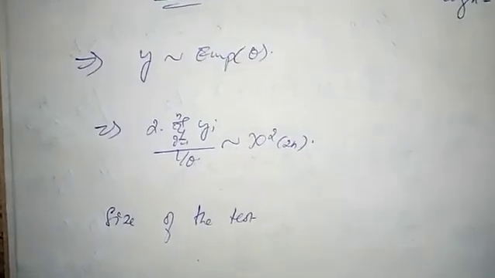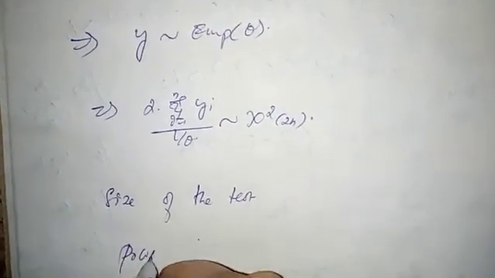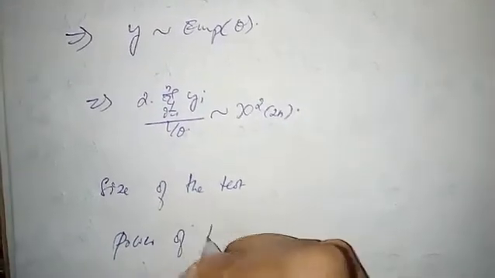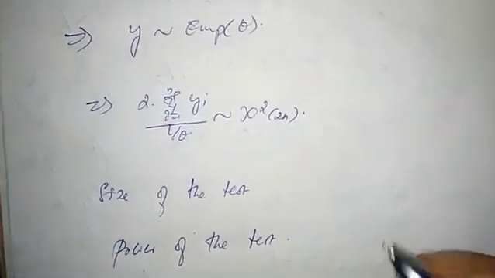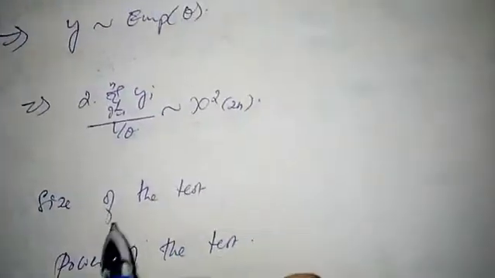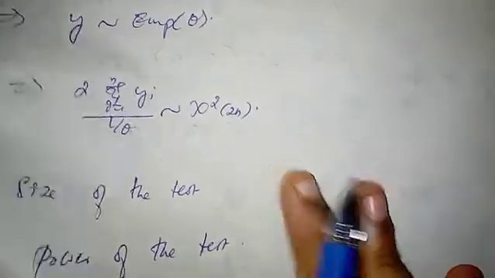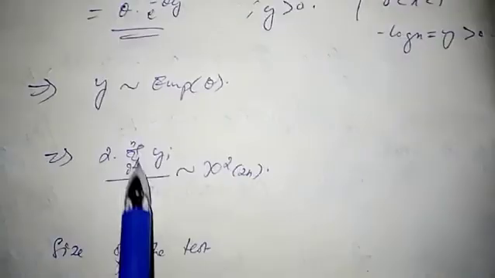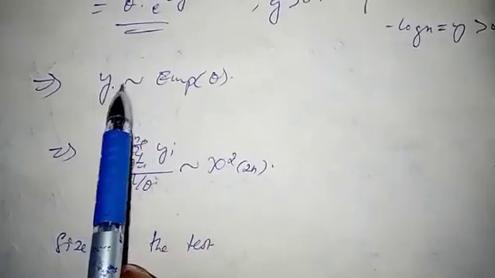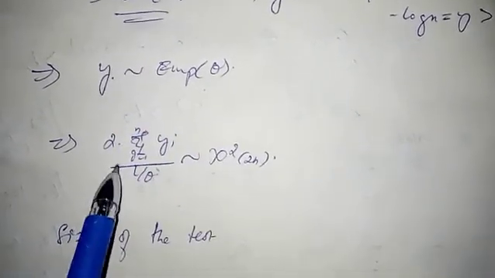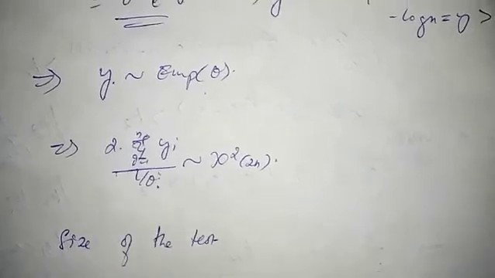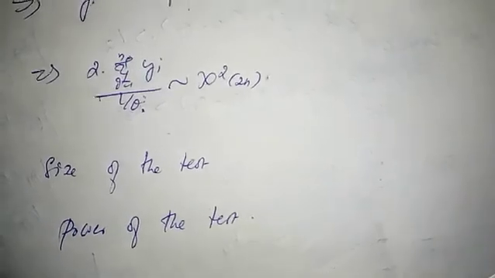Using that we have to obtain the size of the test and the power of the test. This is your homework. So we have to obtain the size of the test and the power of the test using this transformation, that is y. If y follows exponential theta, then 2 into summation y divided by mean follows chi-square 2n in the case of H0. Okay, so the size of the test and the power of the test is your homework.